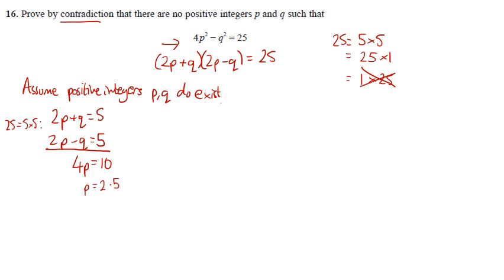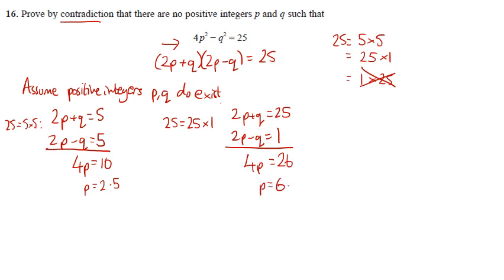Okay, the other alternative is that we wrote 25 is equal to 25 times 1. So what that means is that 2p plus q was equal to 25, and 2p minus q was equal to 1. So again, solve those simultaneously. 4p is equal to 26 when we add these, so p is equal to 6.5.